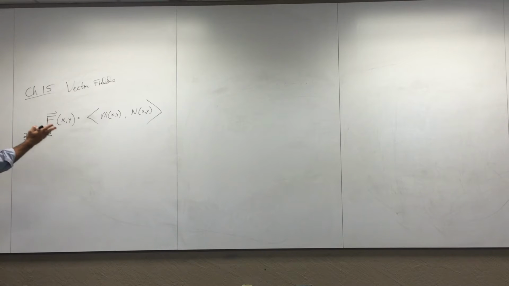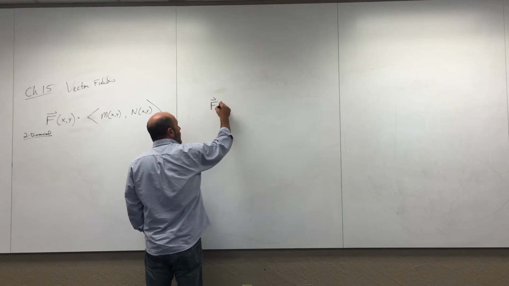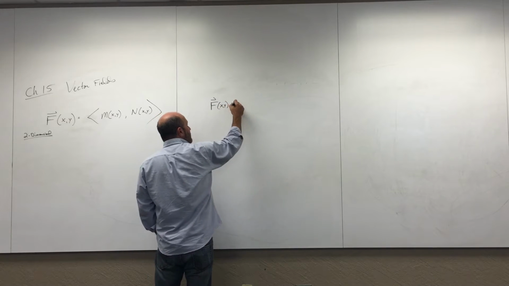And here I am just talking abstractly, but there's my vector symbol. This is a vector field. Let's look at a specific one and see what we're talking about. If I just make up one, it looks maybe like this.